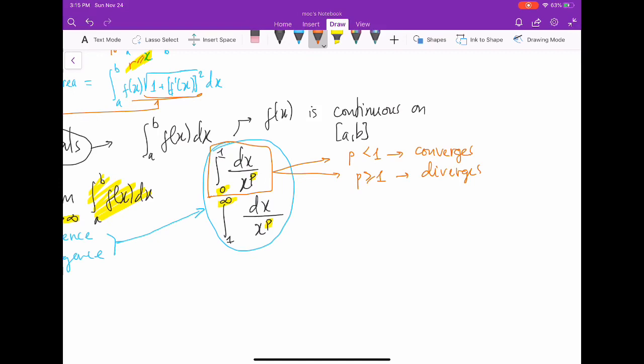But for the second guy right here, this integral converges when p is greater than 1. When p is less than or equal to 1, diverge. Okay, so be aware of that.